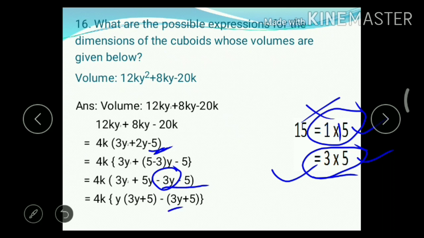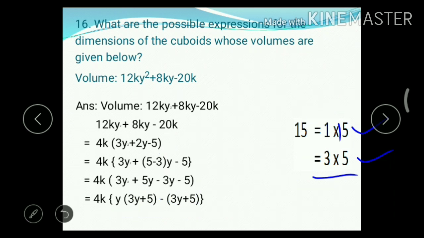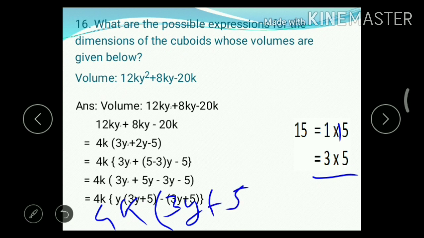So after writing this much, you will see this one and this one is common. So again we shall take it as common. So it will be 4k, this is k, then 3y plus 5, then y minus 1.